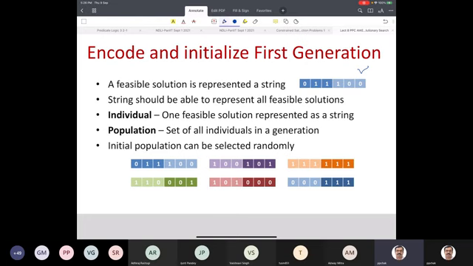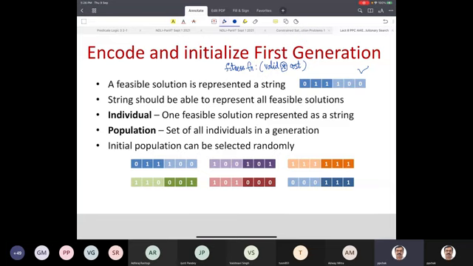And then for every such string, you define a fitness function, which is a composition of whether the solution is valid and what the cost is. You combine these two in some form and create a fitness function.